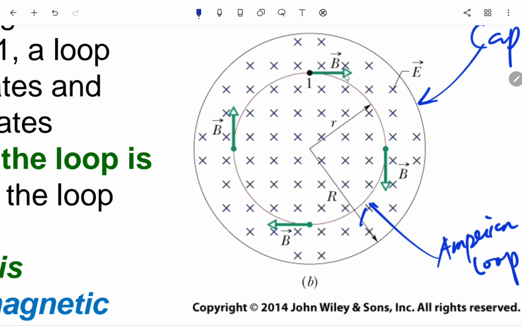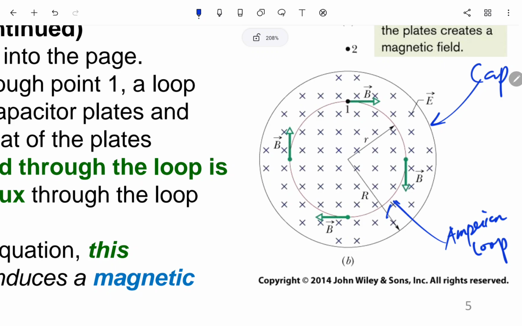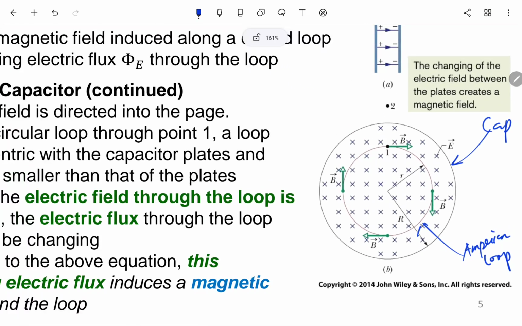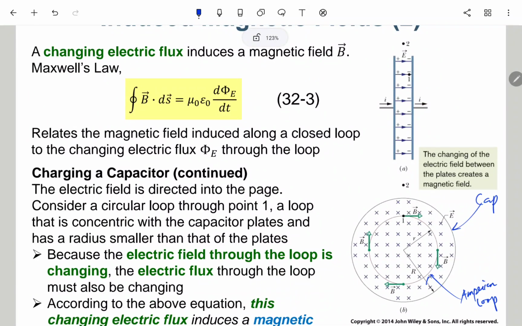In this case, if we consider the current is going into the page, then there will be positive charge accumulating on this plate, and negative charge accumulating on the right plate.